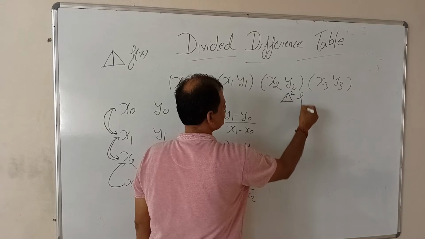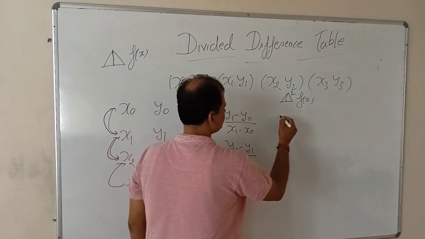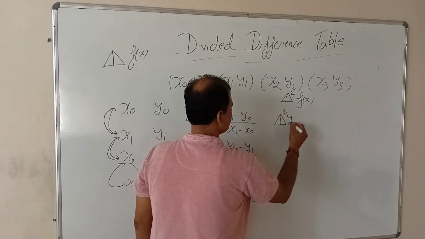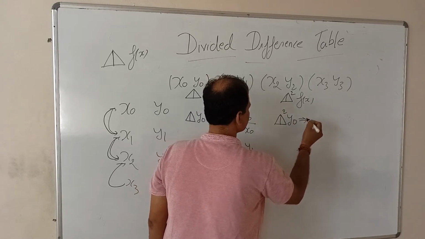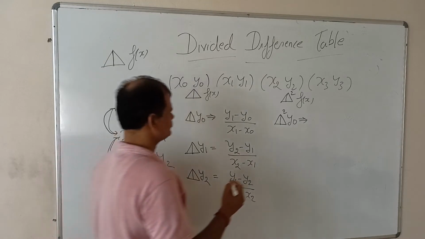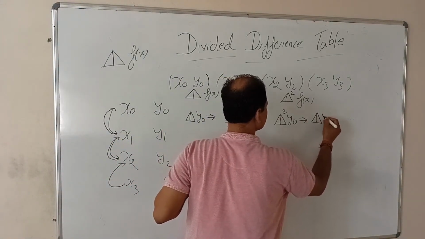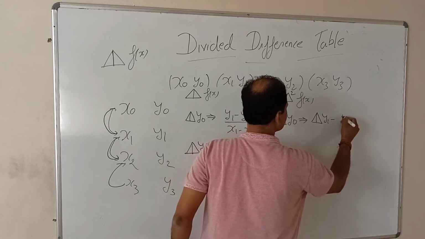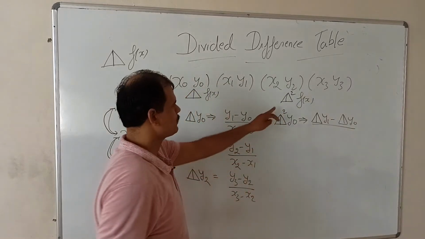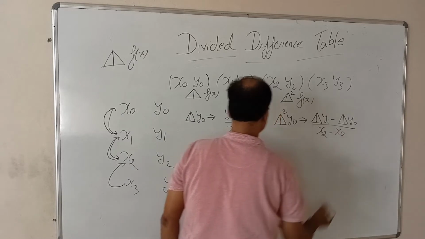Fine. Now let us take the square terms, del square f. So del square y0 will be (del y1 minus del y0) divided by, here for the square, x2 minus x0.